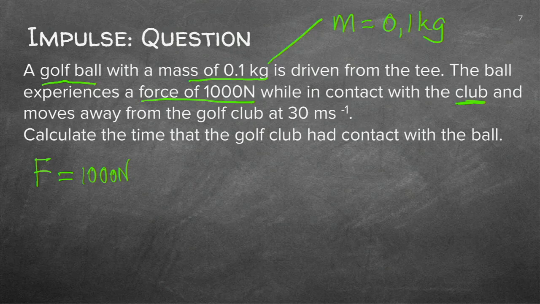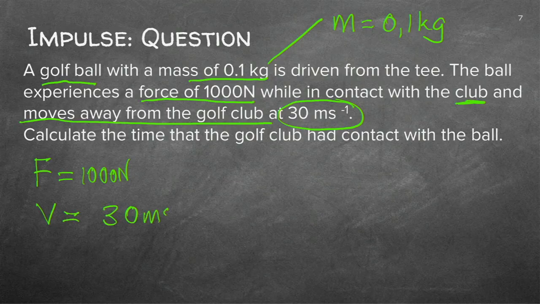You hit the ball with the club and it moves away from the golf club at 30 meters per second. So they give me a velocity and we'll have to see which velocity that will be. They ask me, calculate the time that the golf club had contact with the ball.